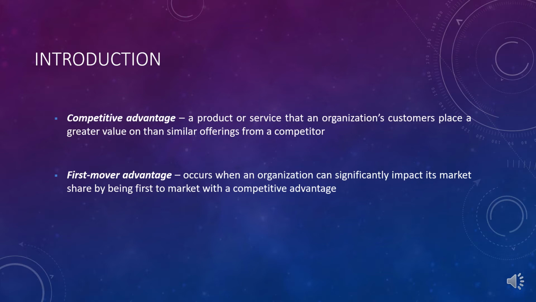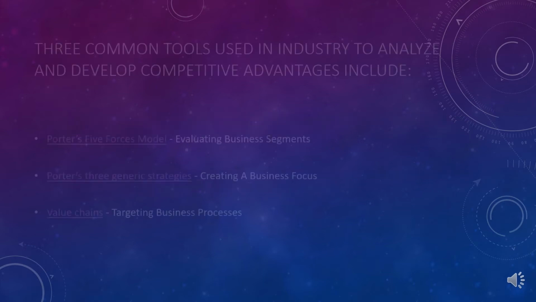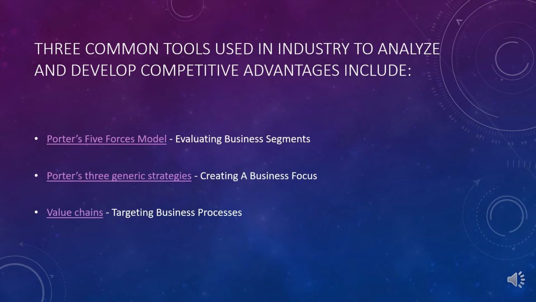First mover advantage occurs when an organization can significantly impact its market share by being first to market with a competitive advantage. Three common tools used in industry to analyze and develop competitive advantage include Porter's 5 forces model, Porter's 3 generic strategies, and value chains.